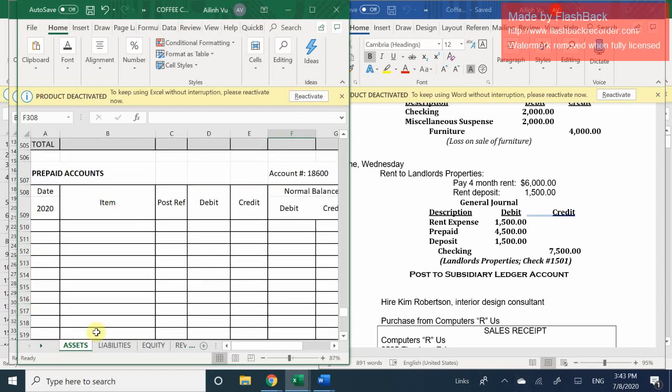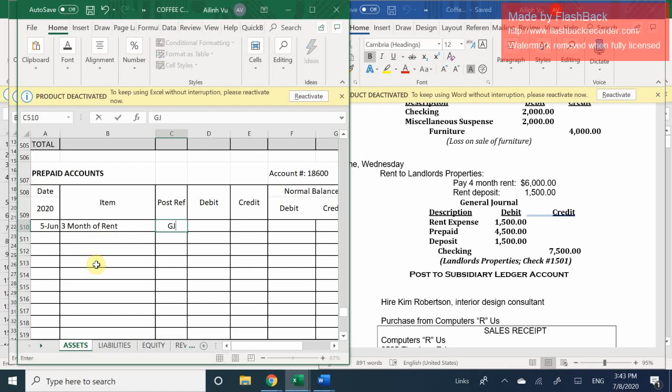Prepaid accounts. I'm going to write here three months of rent. Right? Because I already used 1 month already. So I have prepaid right now in advance 3 months.